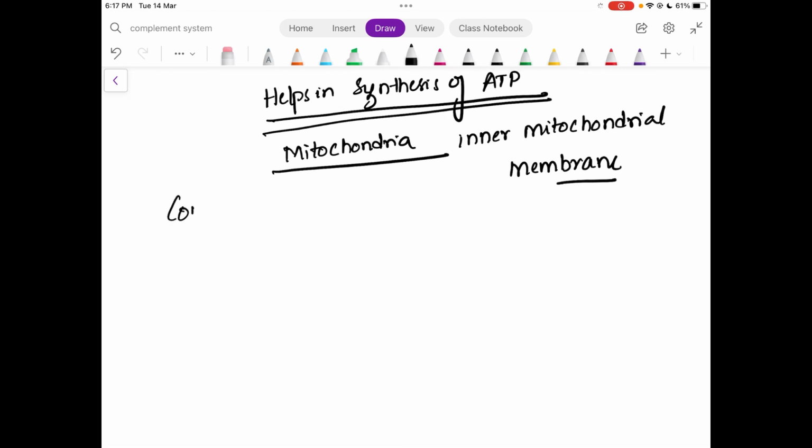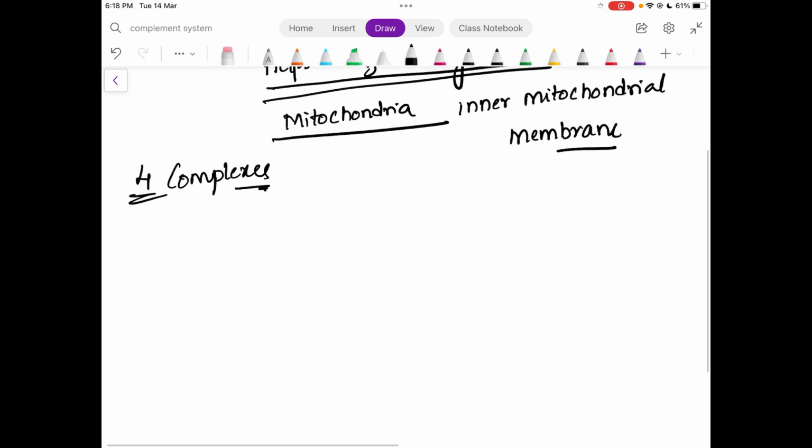So for this electron transport we require four complexes. Complex 1 and complex 2 will transfer electrons to ubiquinone.